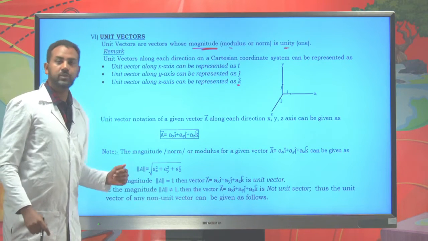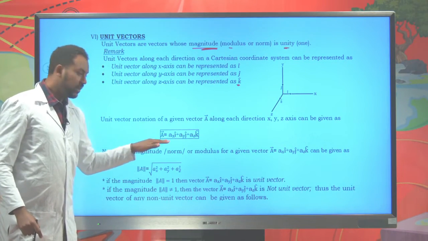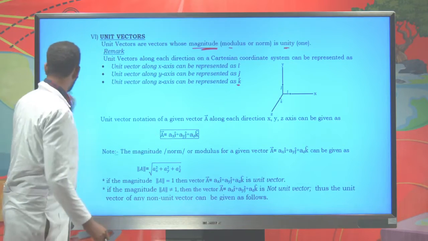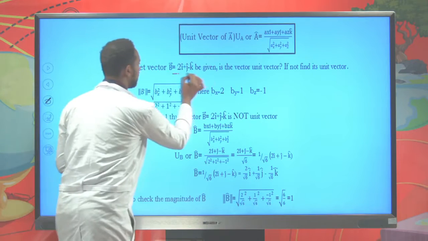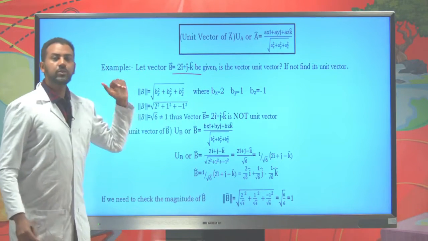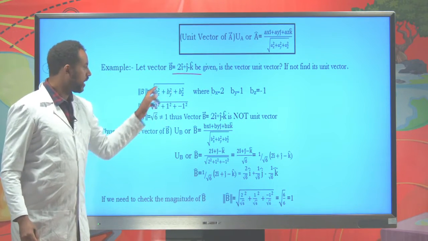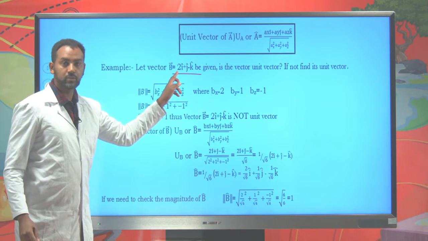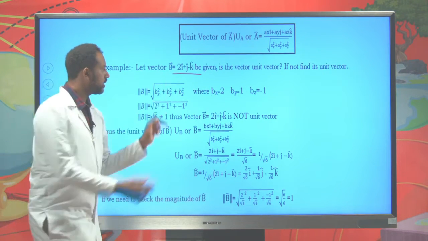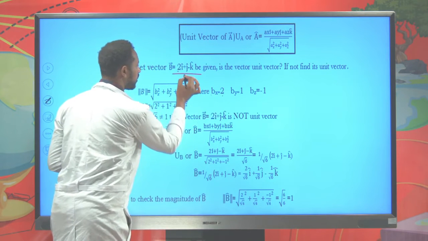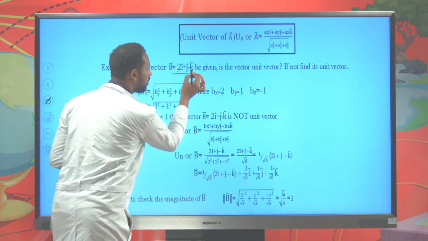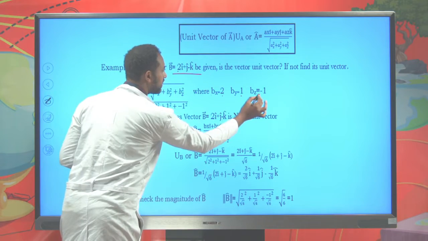It's possible to determine the unit vector of any given vector. Suppose you have a given vector here. First, we need to determine the magnitude of this vector. How do we determine the magnitude? You have to square every component. Here, the i component, along x, is 2, the component along y is 1, and the component along z is -1.